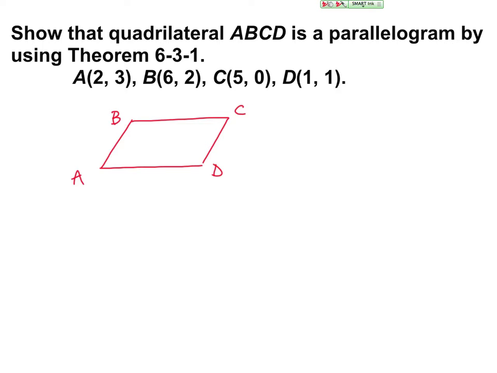Should we just, for sake of what we're doing, think the top one and the bottom one? Okay, so to determine whether they're parallel, what would you have to calculate? Slope. So make a note, 631, gotta do slope. But it says parallel and congruent.